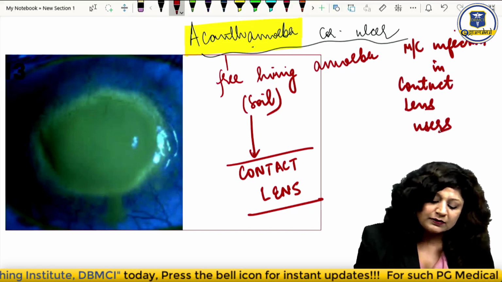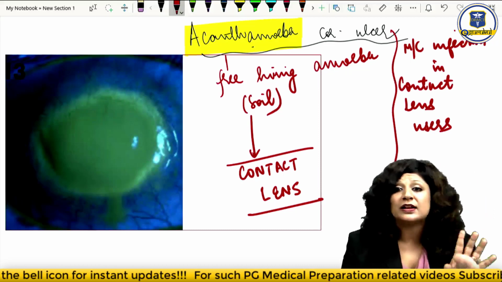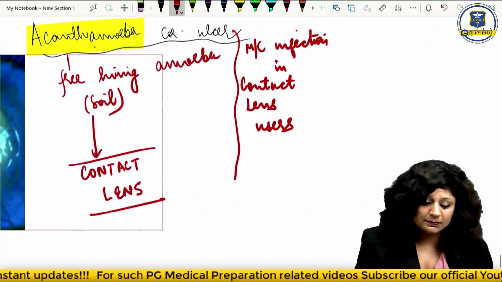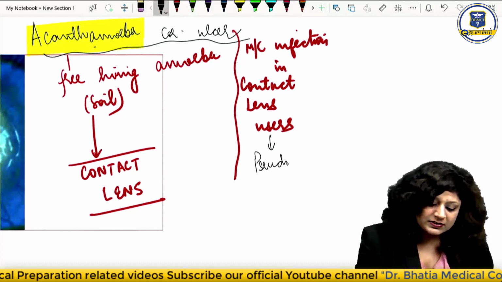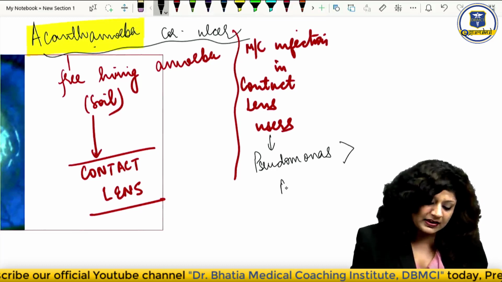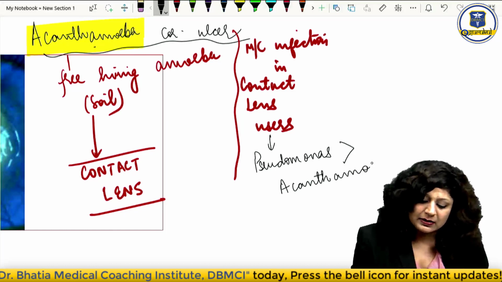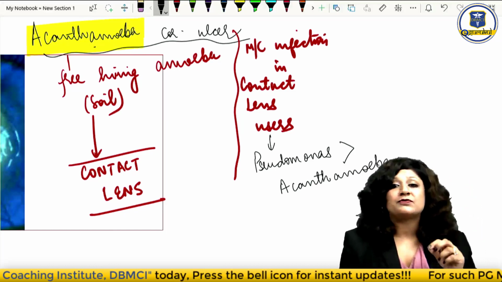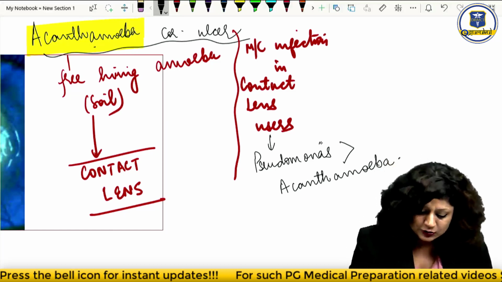The most common infection that you are getting in contact lens users is not Acanthamoeba. It is actually Pseudomonas, and then it is followed by Acanthamoeba. That is why if they ask the most common infection in the contact lens user, go with Pseudomonas.